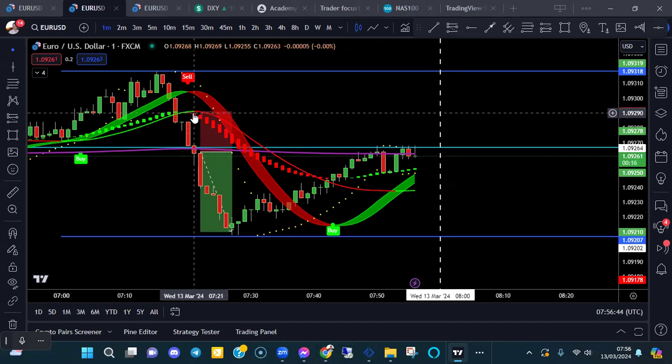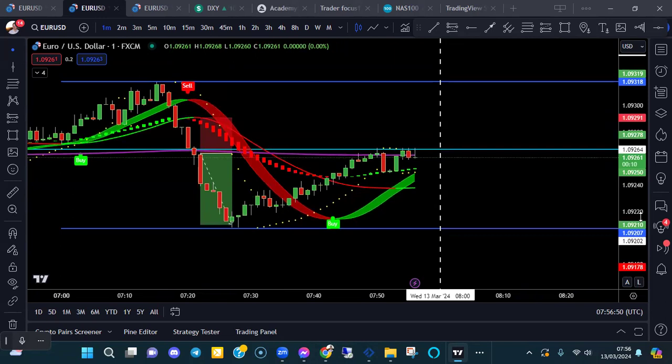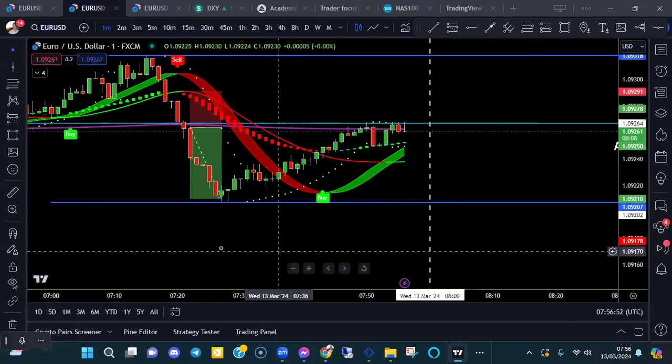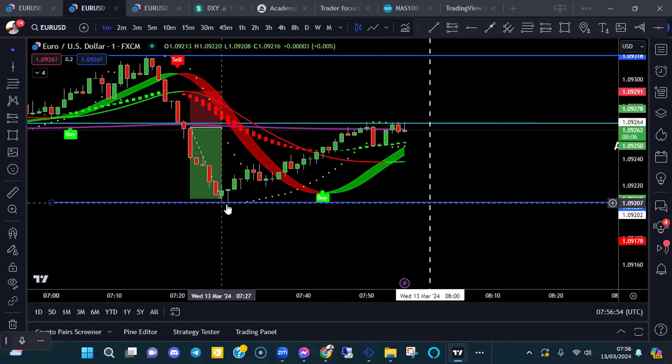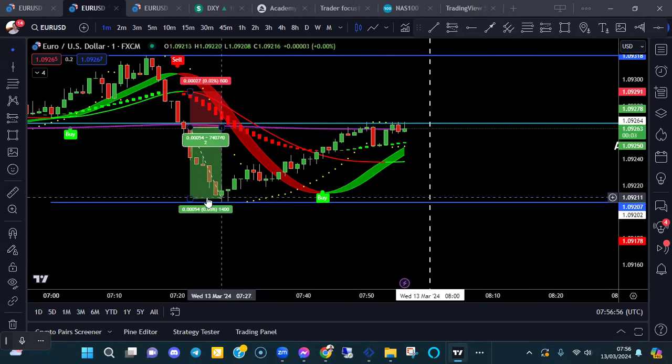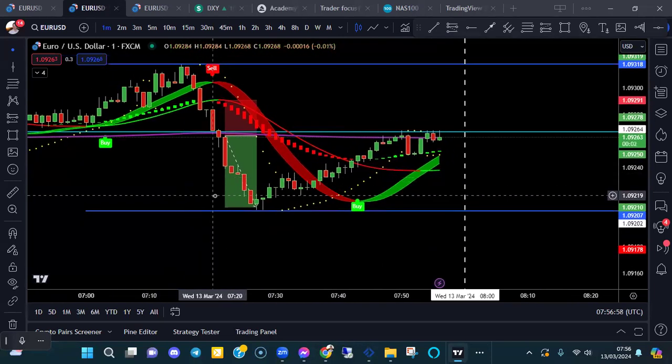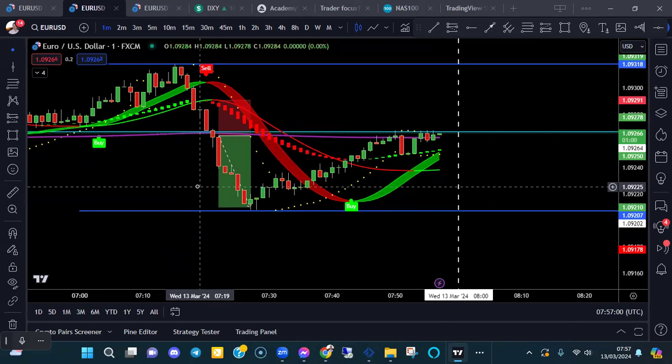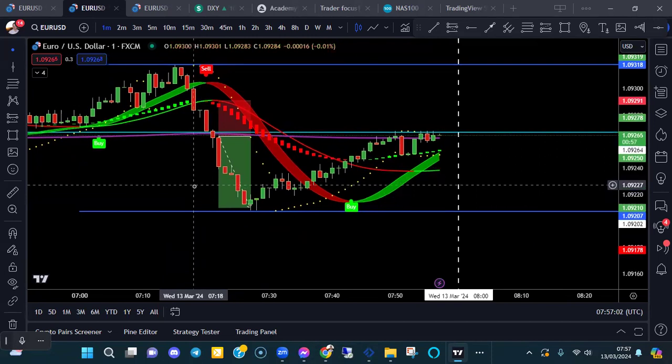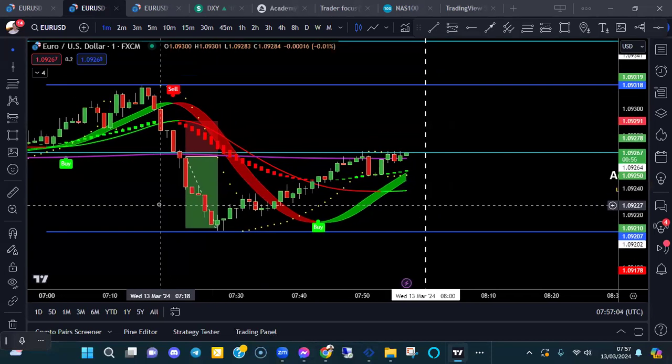Coincidentally, doesn't happen all the time, but the trend line was red in the same place as well. So that's a double confirmation of where you should put your stop loss. And you would have got yourself just a 2-to-1 at the minute. So if you was around about then, congratulations, you've already got your 2% today.